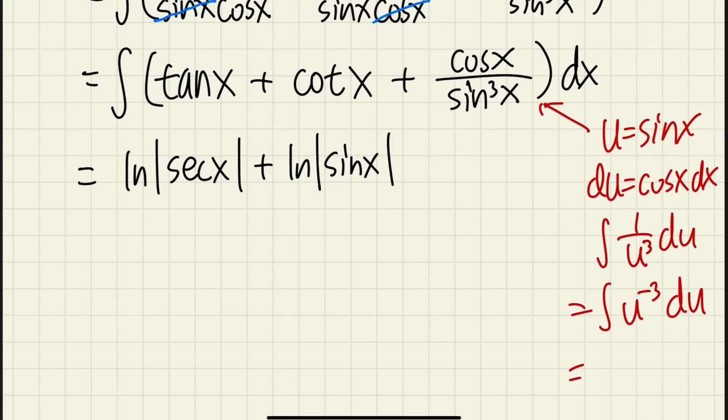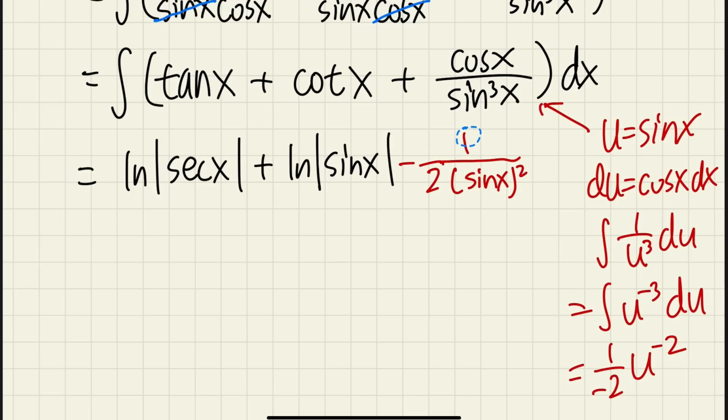Add 1 to the power, we get negative 2, divided by negative 2, so 1 over negative 2, and then u to the negative 2 power. So for the last one right here, we have a minus 1 over 2, and then u to the second power on the bottom. U is sine x, and then squared like that. Yeah, just put it down like this for now.